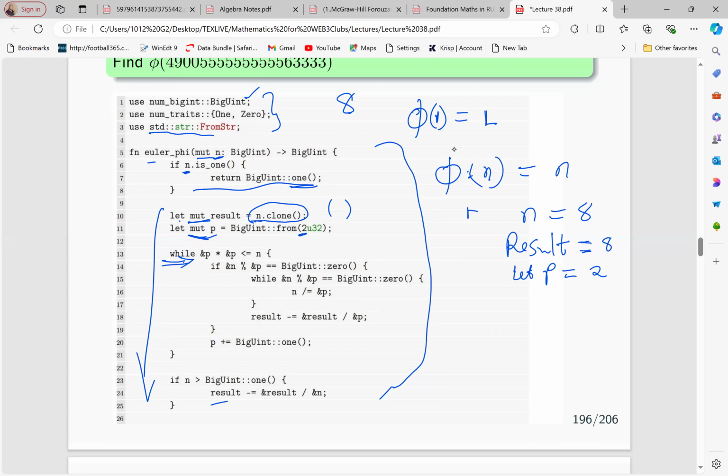The loop says that if p times p, the square of p, is less than or equal to n, then we enter inside the loop. That means if it's greater than n, there's no need of going inside the loop.